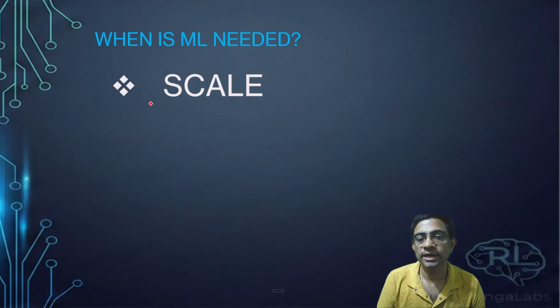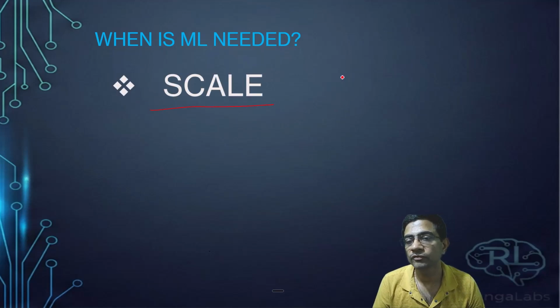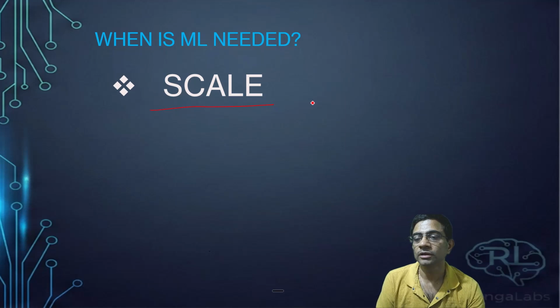First is scale. If there is a huge amount of data, we are not talking about hundreds of thousands, we are talking about millions and billions and trillions of data. You can imagine the amount of data we are creating in each and every action of ours. If you open Google Maps and travel from A to B, maybe 10 kilometers, you can create hundreds and thousands of data points in that one movement.